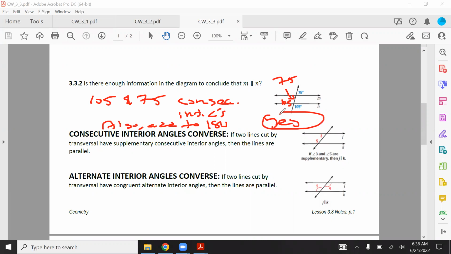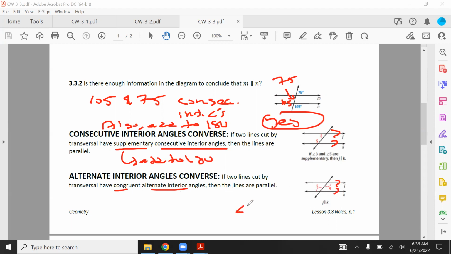Absolutely can. And remember I said there are converses for the other types of angles, like consecutive interior, alternate interior, and so forth. So if 3 and 5 are same-side interior, it means they add to 180. And if they happen to be consecutive interior angles, then the lines are parallel. If 4 and 5 are alternate interior angles and they happen to be the same, then the lines are parallel.